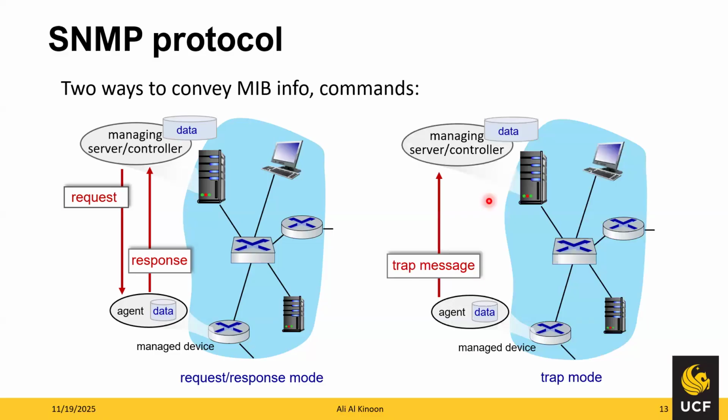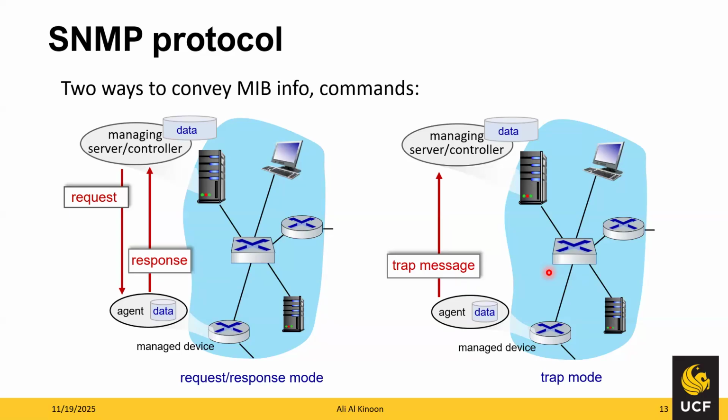And there's the other way, which is trap mode. Trap works the opposite way. Instead of waiting for the server to ask for information, the device sends a message whenever an event occurs, whenever a trigger happens, or whenever there's something that needs to be sent to the admins. Trap messages allow admins to react quickly to changes such as interface drops, threshold alarms, or unexpected behavior.